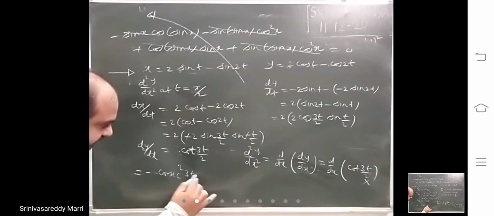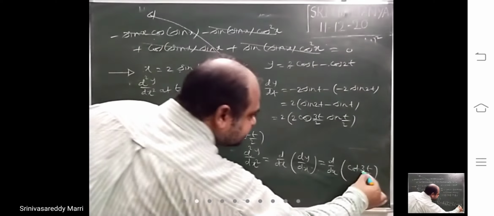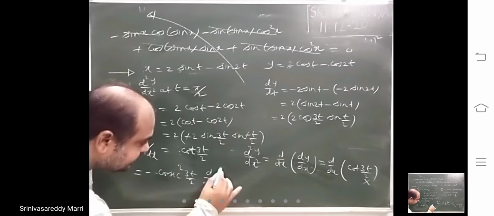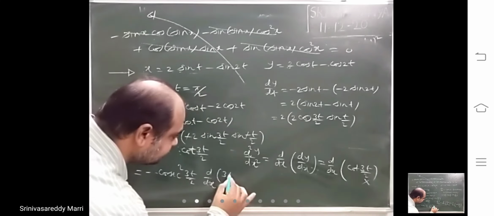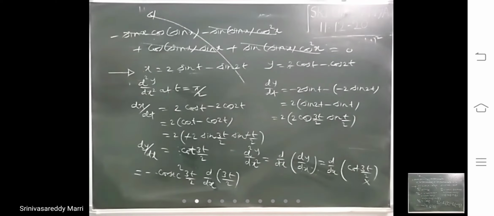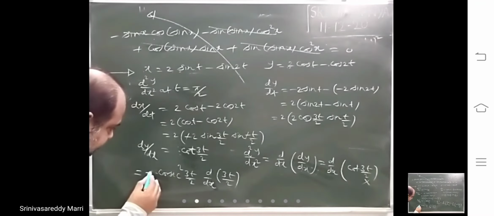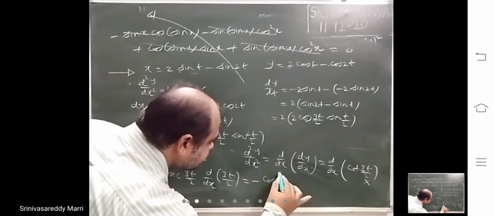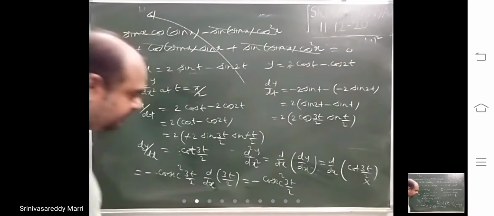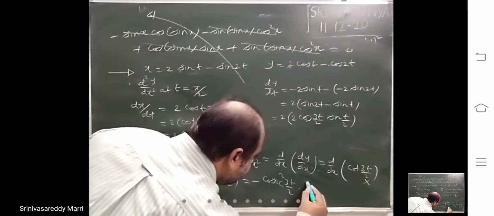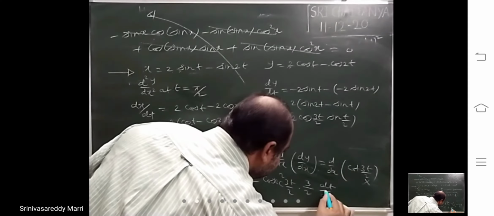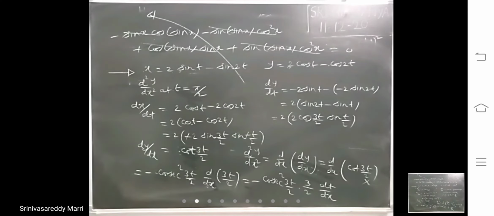Minus cosecant square 3t by 2 into the derivative of 3t by 2. This is the derivative with respect to x, not t. So minus cosecant square 3t by 2 into 3 by 2, a constant outside, into d by dx of t, which is nothing but dt by dx.